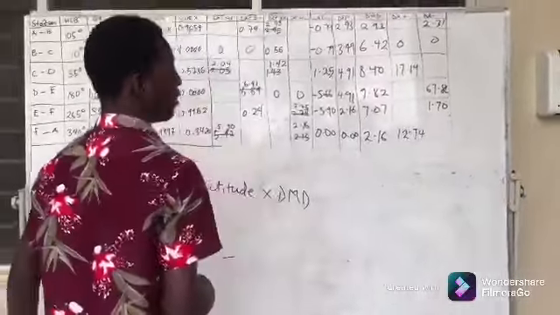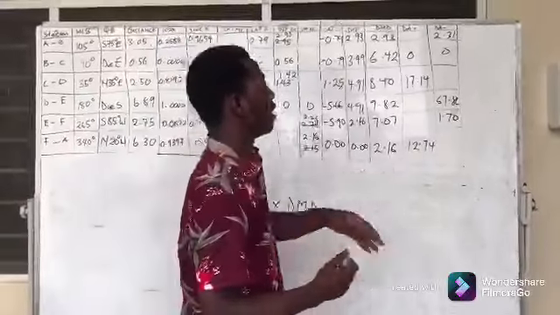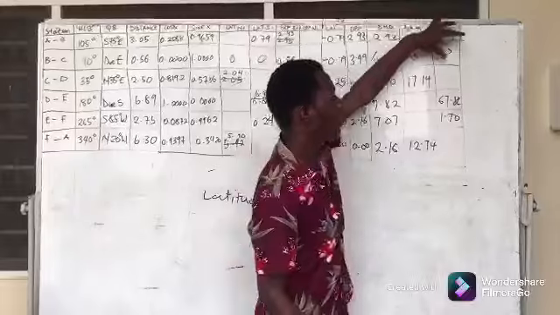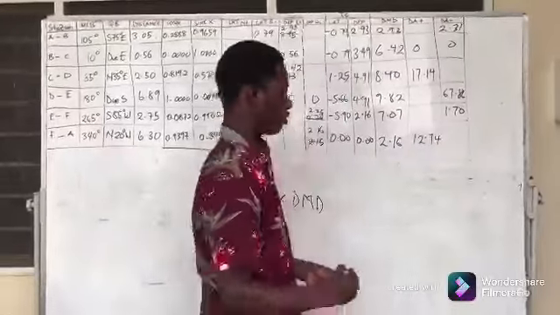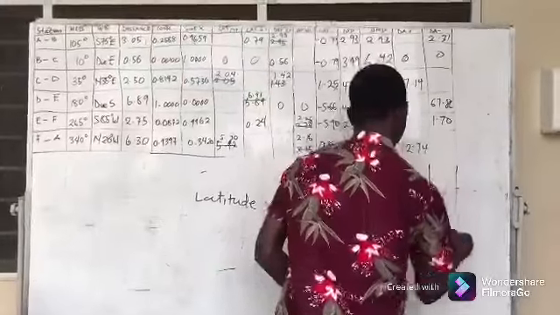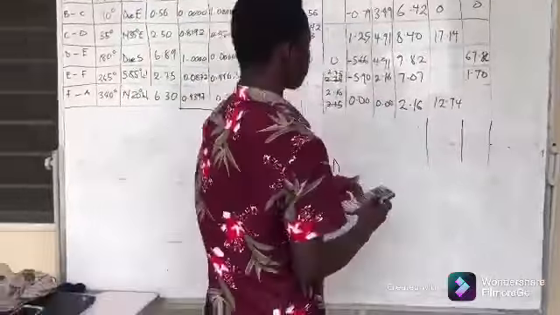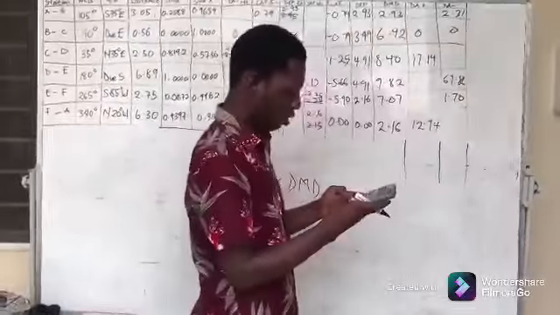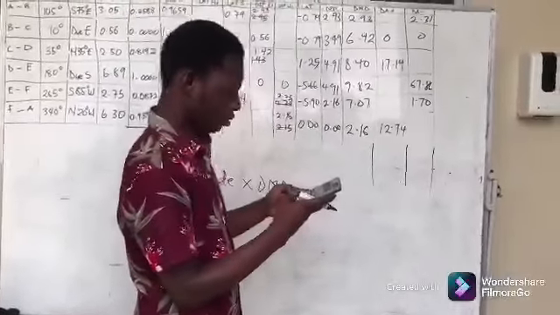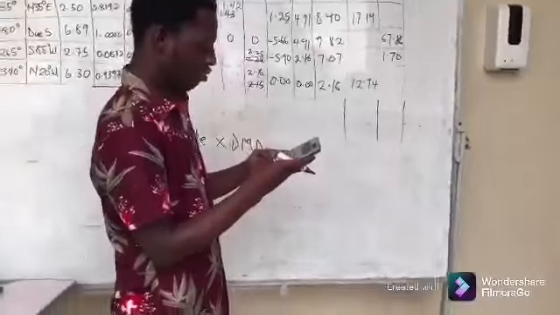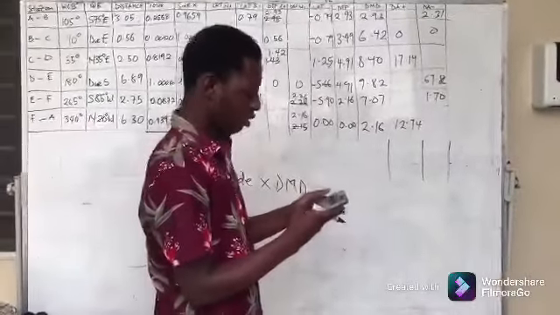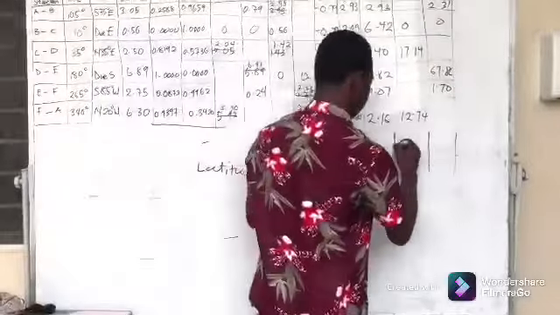So after you are done with this, you sum up the double area under the positive section and the double area under the negative section. So 17.14 plus 12.74, which will give me 29.88.